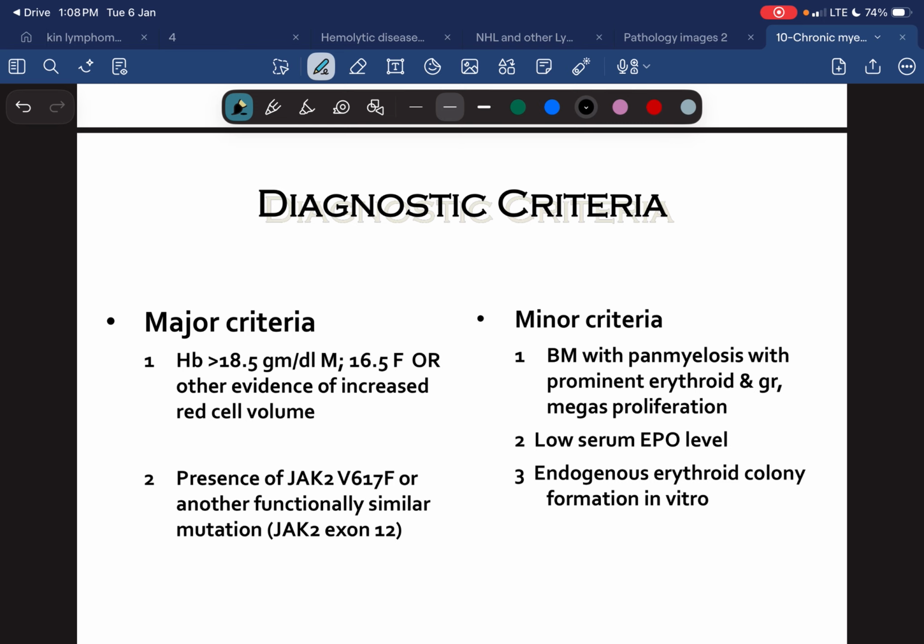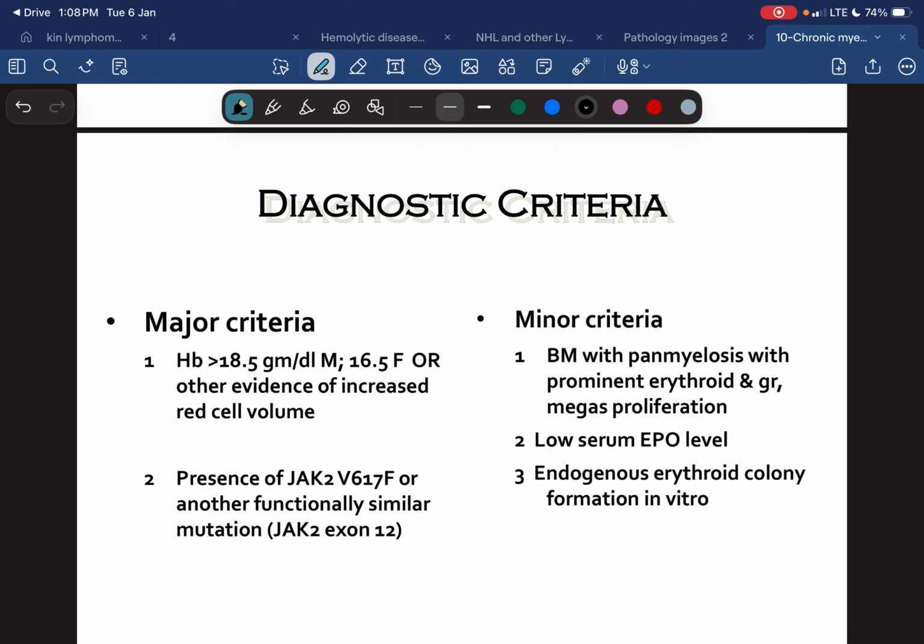Both major criteria should be met to diagnose polycythemia vera, plus one minor criterion: bone marrow with panmyelosis and prominent erythroid, granulocytic, and megakaryocytic proliferation, low serum erythropoietin, and endogenous erythroid colony formation.